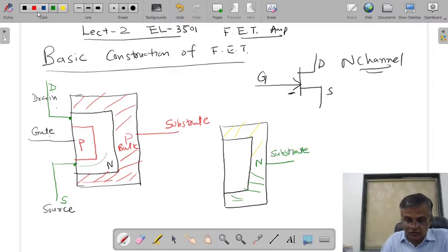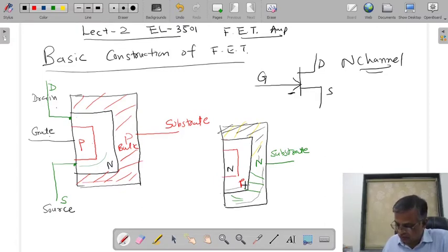In this, you diffuse your P-type material. This is a P-type material. In this P-type, you diffuse your N-type material. Again, this is your substrate in which you diffuse your P-type material. In this P-type, you diffuse N-type material.